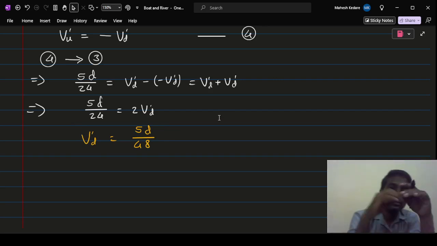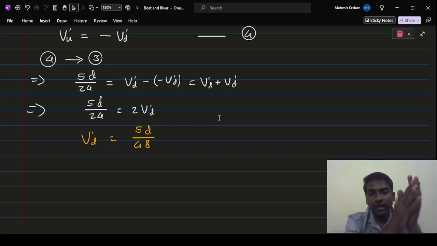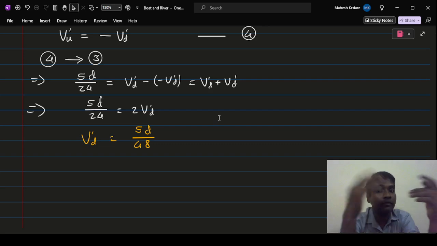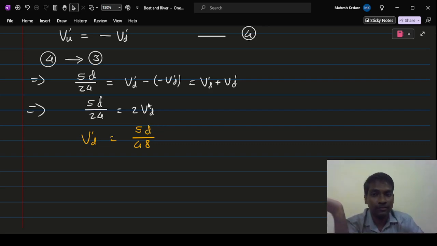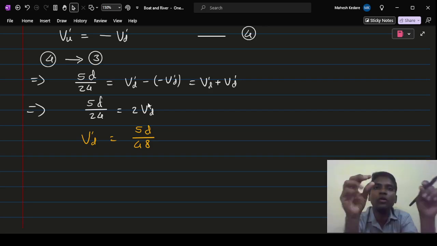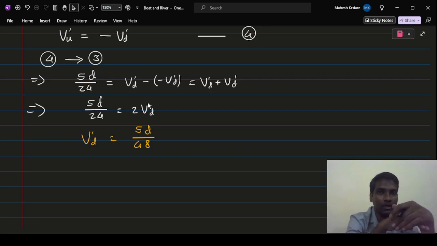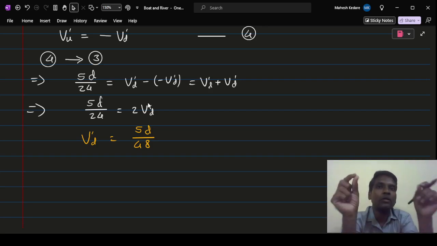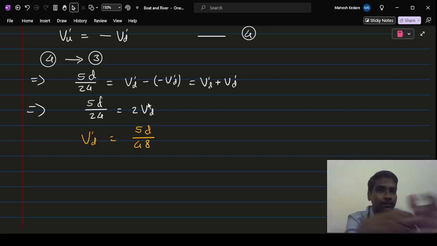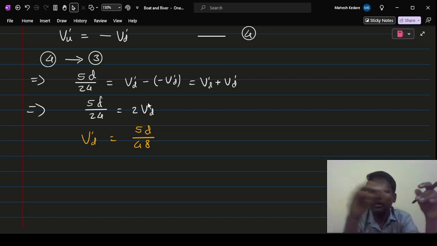Now, if the river were not flowing and water was still, what time will the boat take to travel the same distance d? That is what we have to find. Now when river is not flowing, it will not contribute to the speed of boat as seen from ground. The speed of boat will now only be due to the engine power or the engine of the boat.